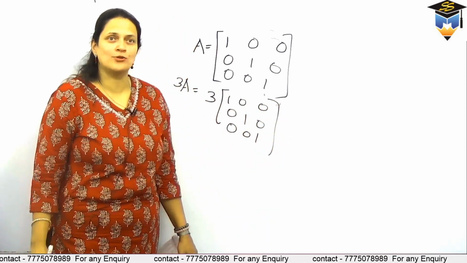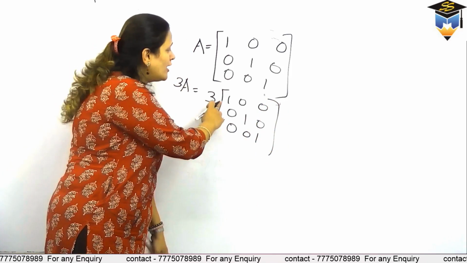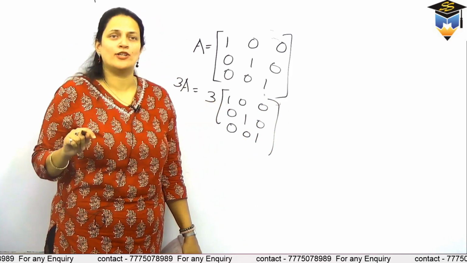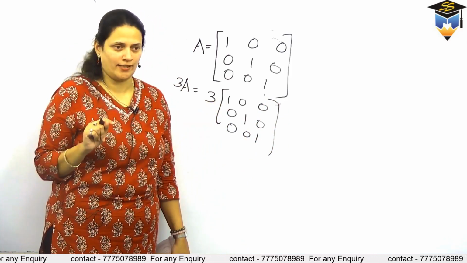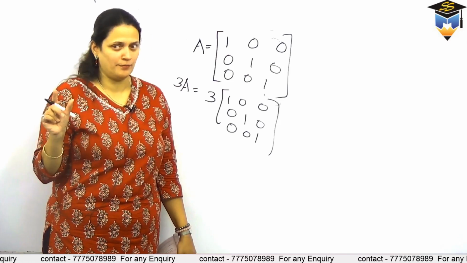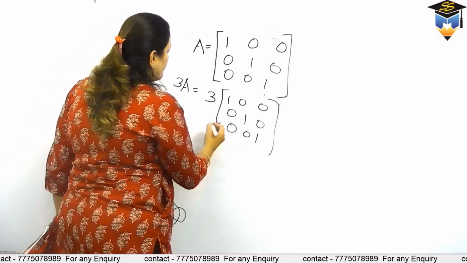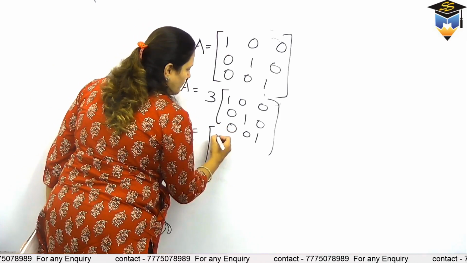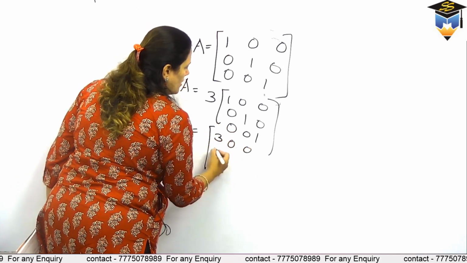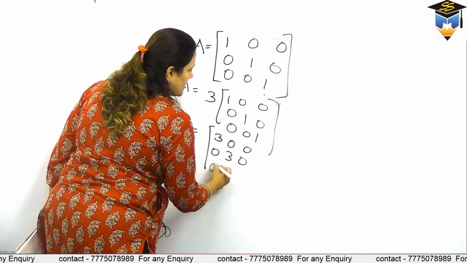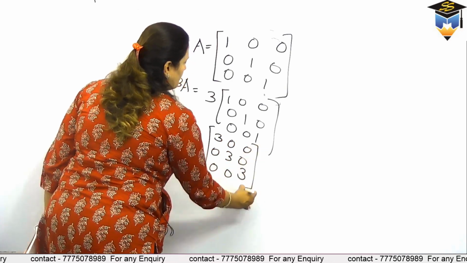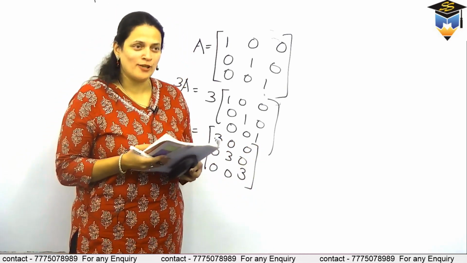I have written 3 outside, which means each and every element inside the matrix will be multiplied by 3. So this is going to be 3, 0, 0, 0, 3, 0, 0, 0, 3.